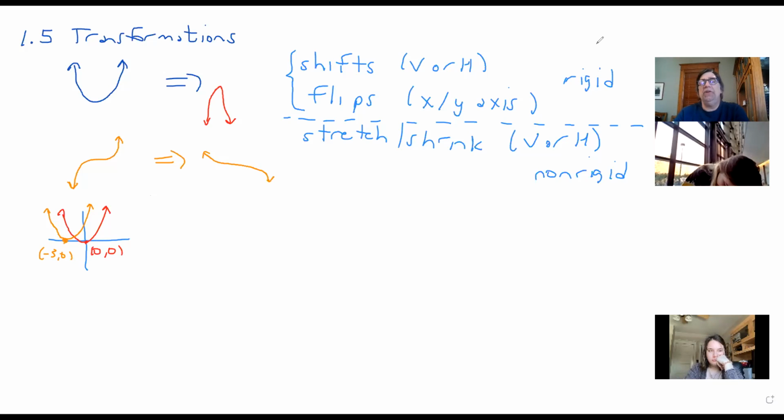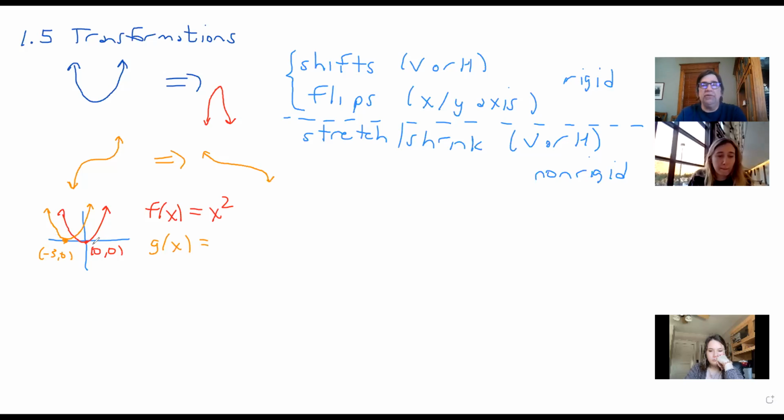If you think about the equation of the original graph, the toolkit function x squared, what's the equation going to be for the shifted function? One way to think about it is if you're shifting something horizontally, what changes and what stays the same? What's going to change here are the inputs.